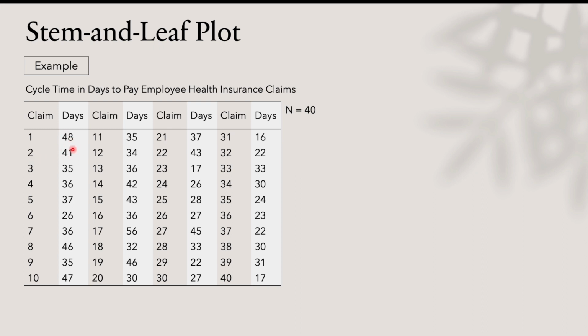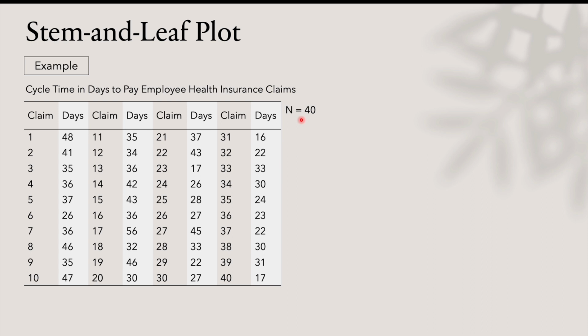Claim number 2 took 41 days to complete. Claim number 3 took 35 days to complete, and so on until claim number 40, which took 17 days to complete. So in total there are 40 data points, the cycle time for 40 health insurance claims.